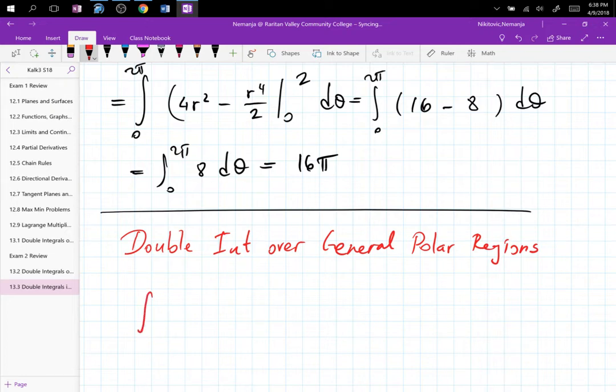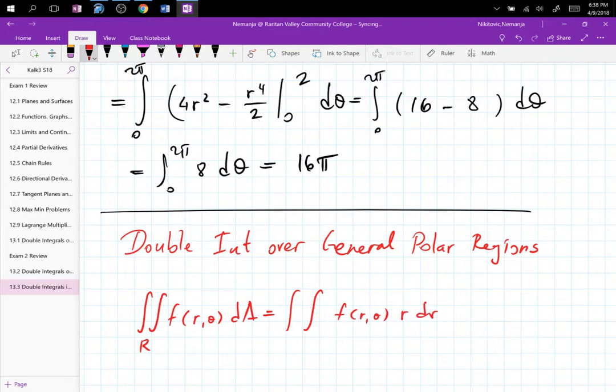And that is going to be the double integral over region R of f of r theta dA, which is going to be the double integral of f of r theta r dr d theta. This is alpha and beta, the outer limits. And now we have to have the inner limits, but as functions, so g of theta and h of theta. So these are the inside functions.